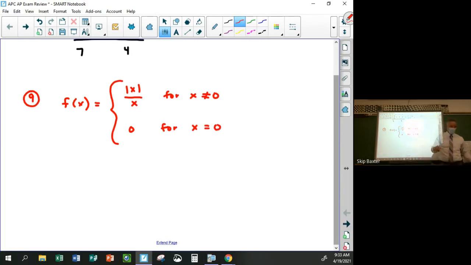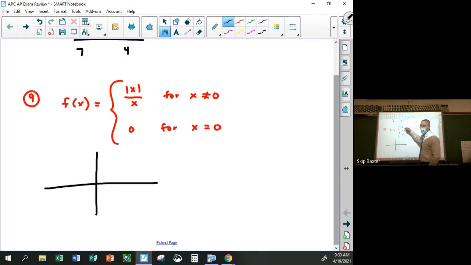So if you graph this function, for positive numbers, this is just x over x, so it's 1, right? So for positive numbers, it looks like that. For negative numbers, this ends up being like negative x over x, negative 1. And then at 0, it's 0. That's what this function looks like.